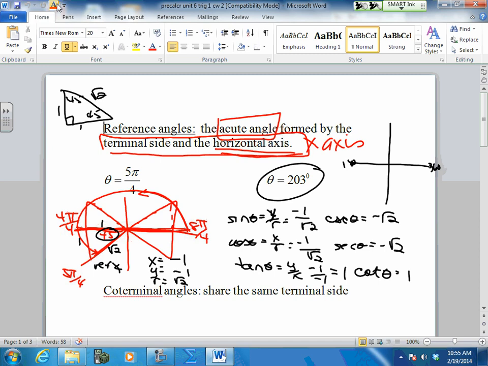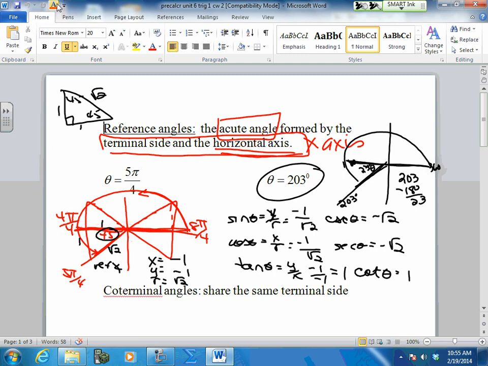So now you know you go past 180. You came to 203. I need to know this little angle in here, the angle that comes between my axis and my terminal side. So I noticed I went past 180. How much past 180? I subtract it. This little angle is 23 degrees.